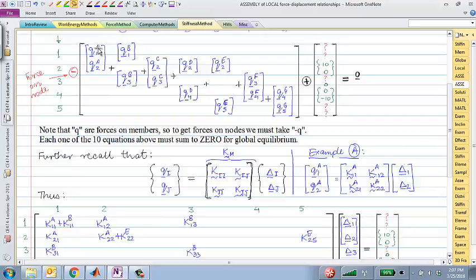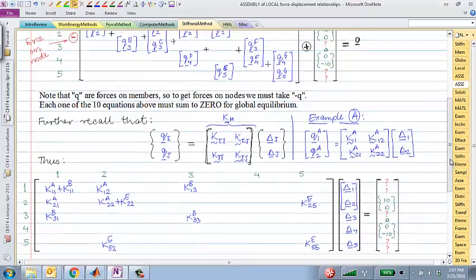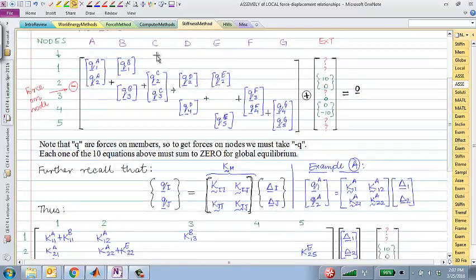So for example, the way that we constructed this partial matrix was by assembling the contribution of element A into this global stiffness matrix. We did that Ka11, Ka12, Ka21, and Ka22, and so on. So let me just go ahead and add the contributions of all of these elements.